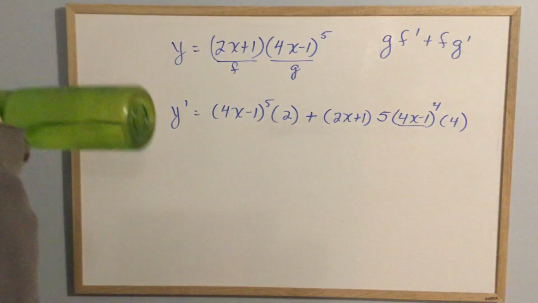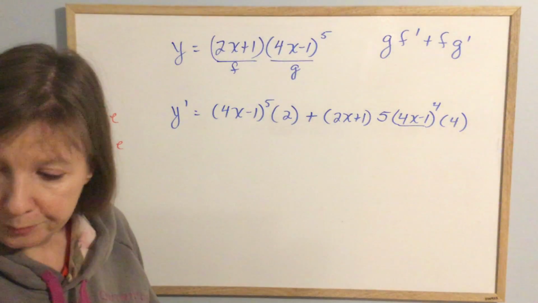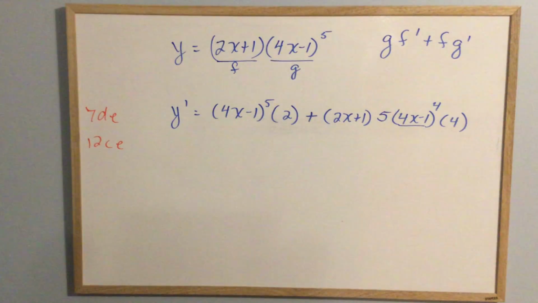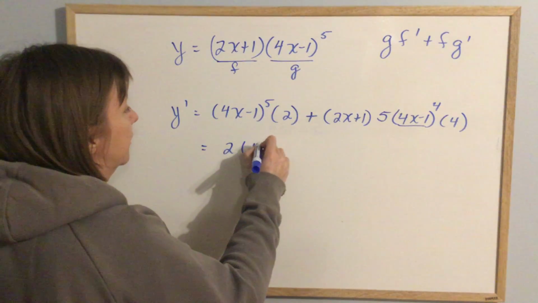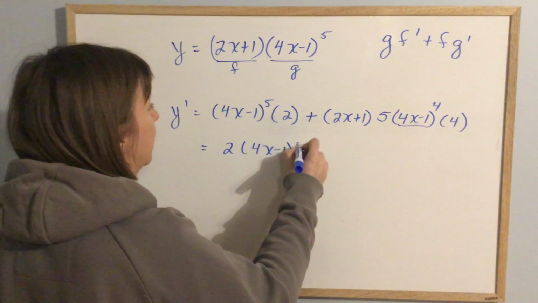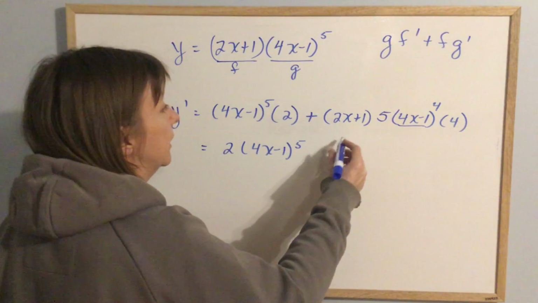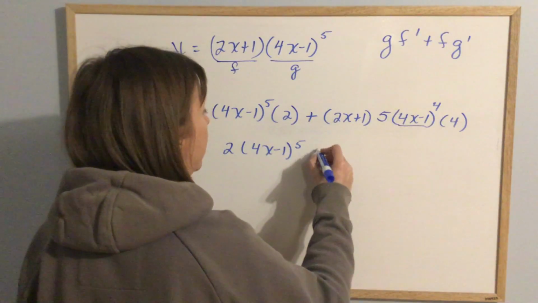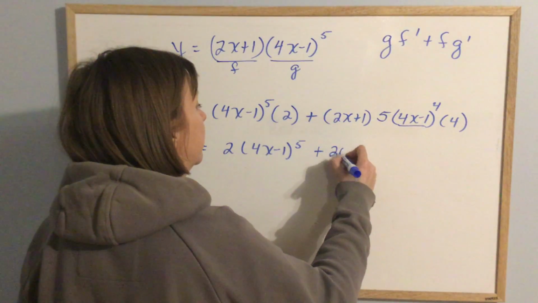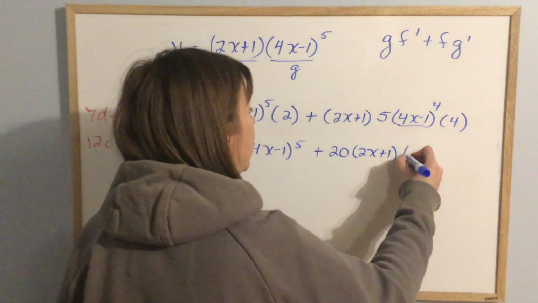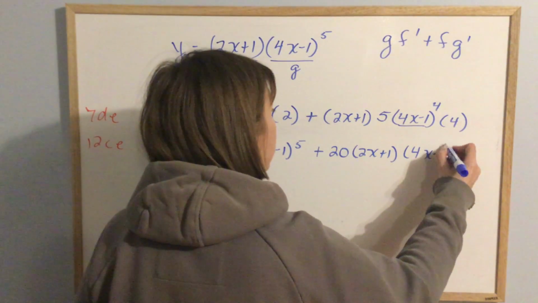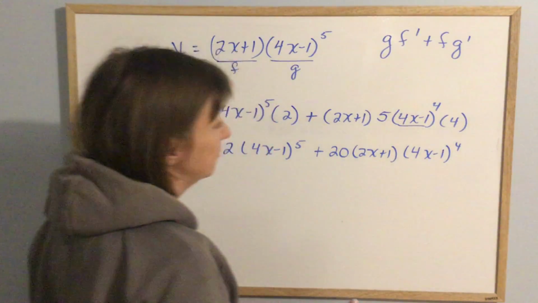So what I have now is 2 times 4x minus 1 to the 5th, plus 5 times 4 is 20, 20 times 2x plus 1 times 4x minus 1 to the 4th.